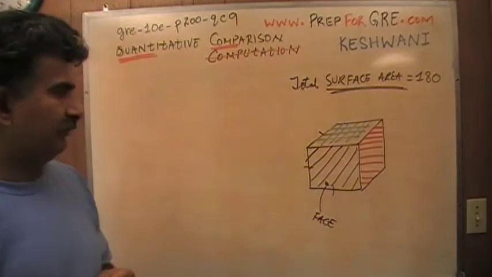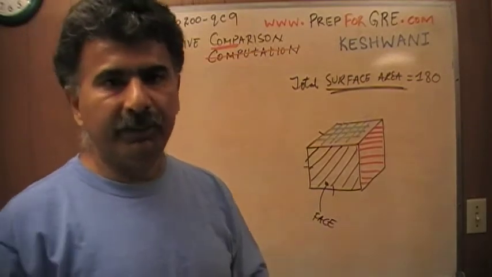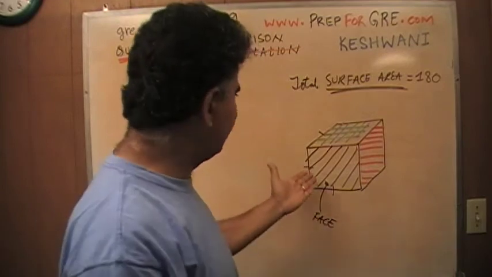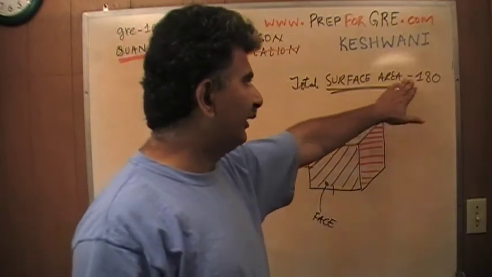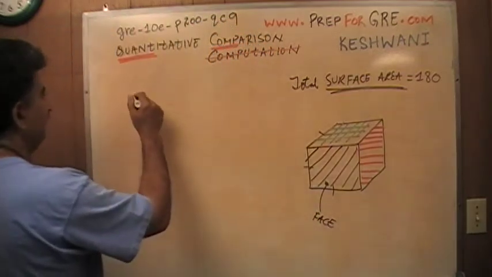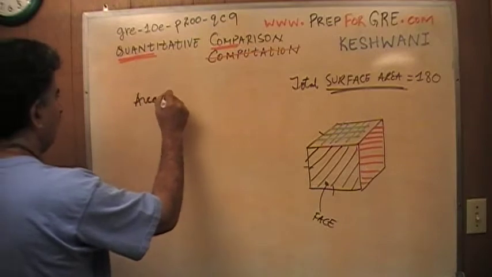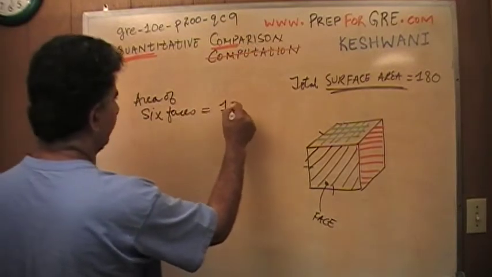It has 3 faces, and each of these 3 faces has equal area, because all the sides are equal. And we are told that the surface area of this cube is 180, and there are 6 faces, which tells me that the area of 6 faces equals 180.